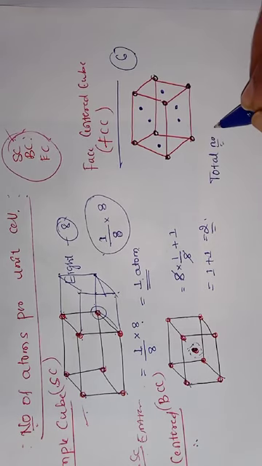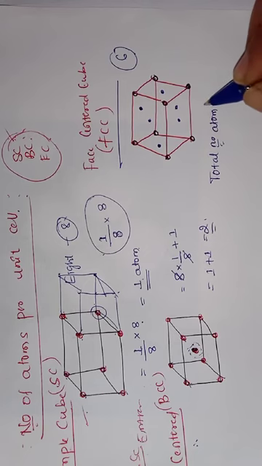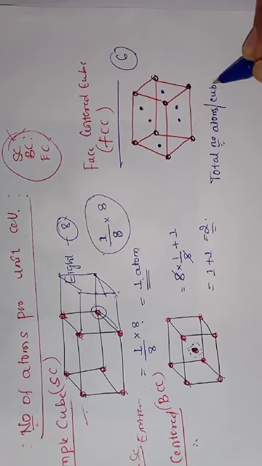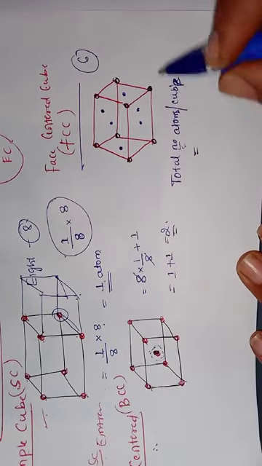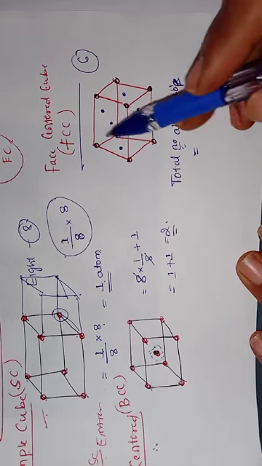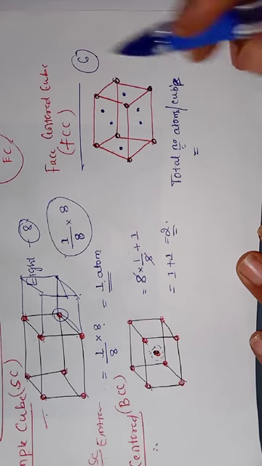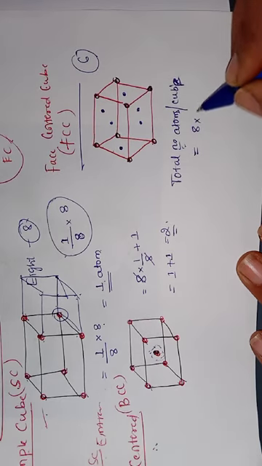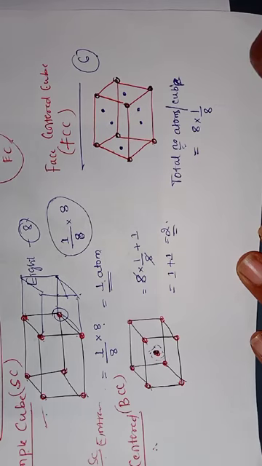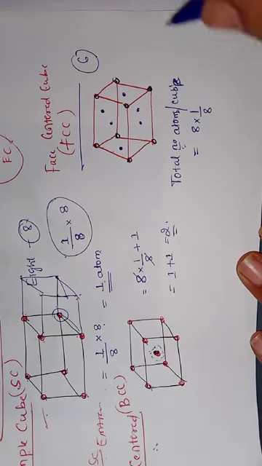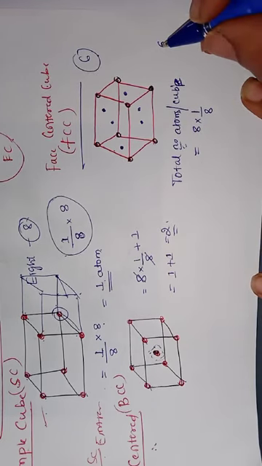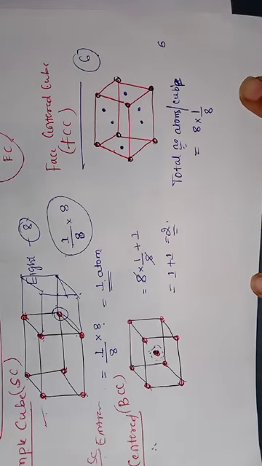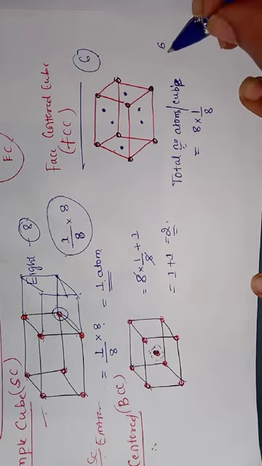Total number of atoms per cube: 8 are at the corner, shared by another 8 corners. 6 faces are there, shared by the 6 adjacent cubes, which means 1 by 2.